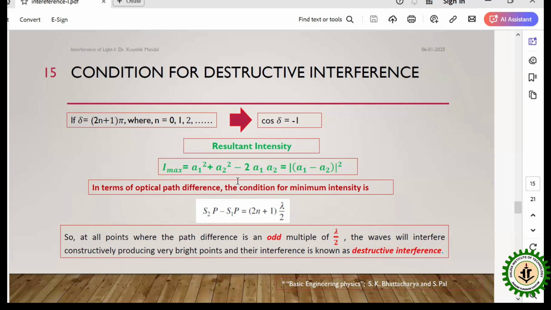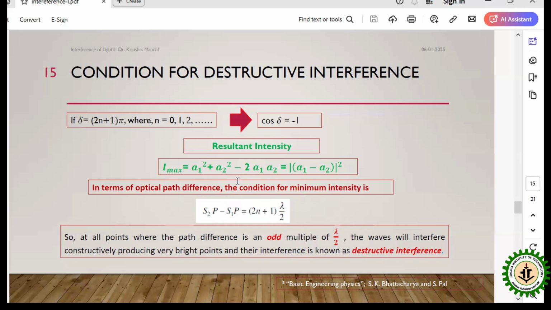Substituting this in the resultant intensity, you get the minimum intensity, I min equals (a1 minus a2) whole square. The path difference S2P minus S1P is nothing but (2n+1) into λ/2.